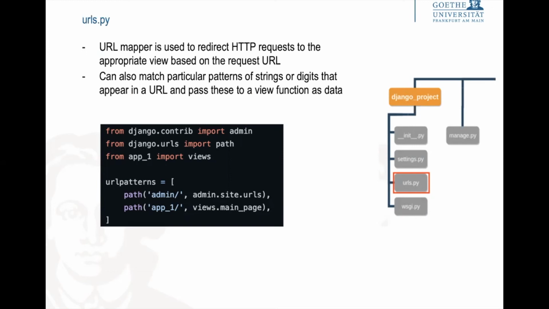And at the bottom, you see a real urls.py, which basically contains the definition that every time a URL with the suffix app1 is called, the request will be redirected to the views.main page, which is a view function that is imported in the third row, from app1 import views.